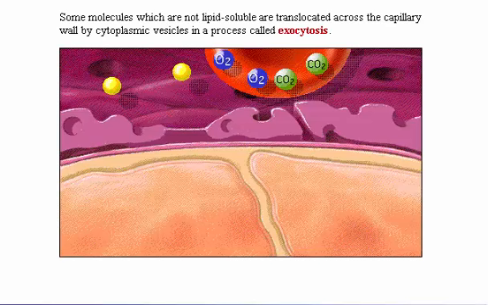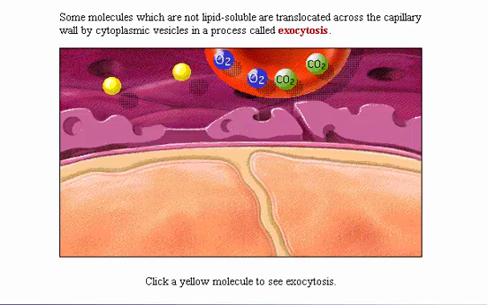Some molecules which are not lipid-soluble are translocated by cytoplasmic vesicles in a process called exocytosis. Click on a yellow molecule to see exocytosis take place.